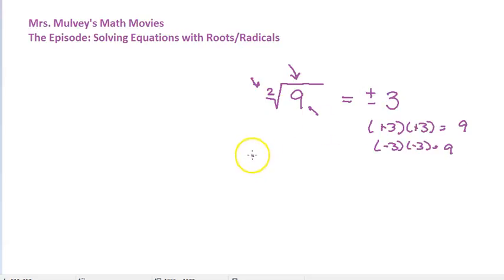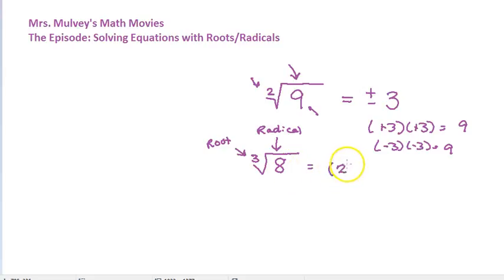I can have a cube root. Let's look at the cube root of 8. This is the radical symbol, and this tells me what sort of root we're looking at. To find the third root of 8, I'm looking for the number that I would multiply by itself 3 times to get an answer of 8.